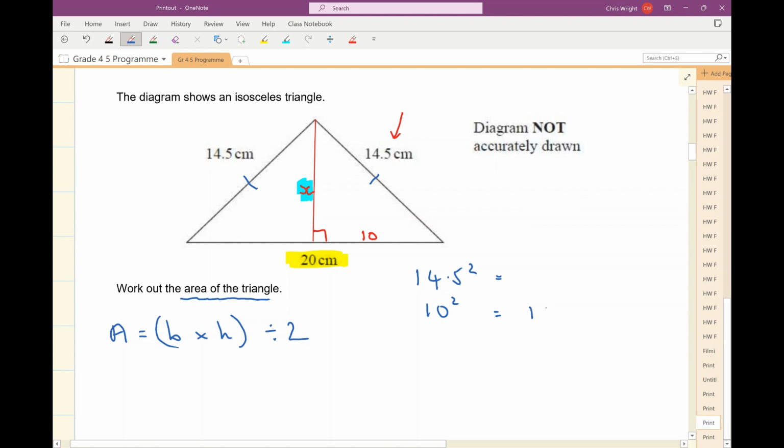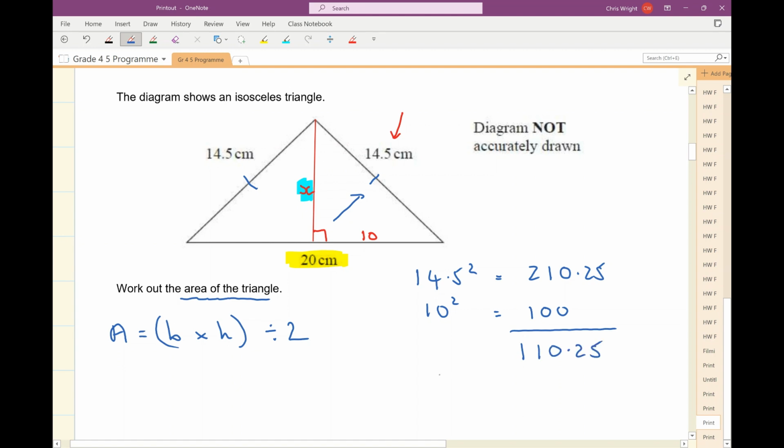And then I've just got to decide, am I adding those or subtracting those? Well, in this case, we're not finding the hypotenuse, are we? Because 14.5 is the hypotenuse. That's the one opposite the right angle. So I'm going to subtract them because I'm finding one of the shorter sides.